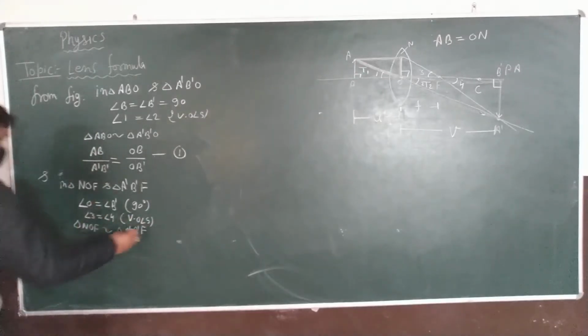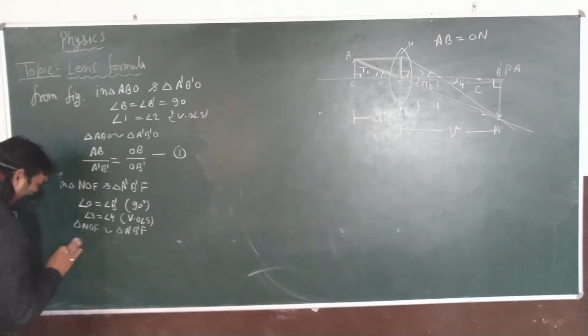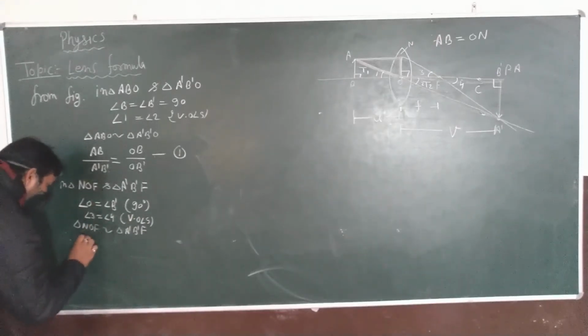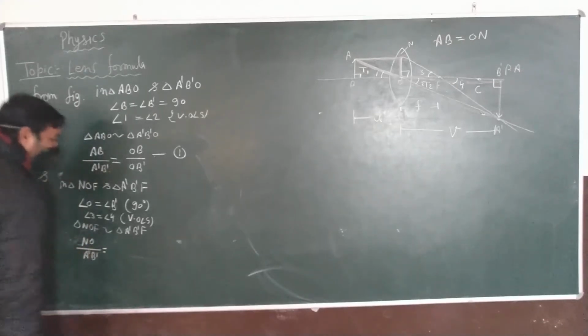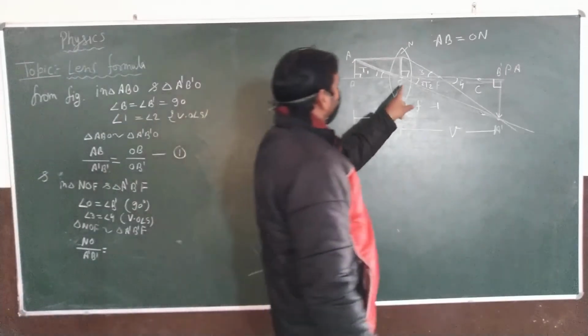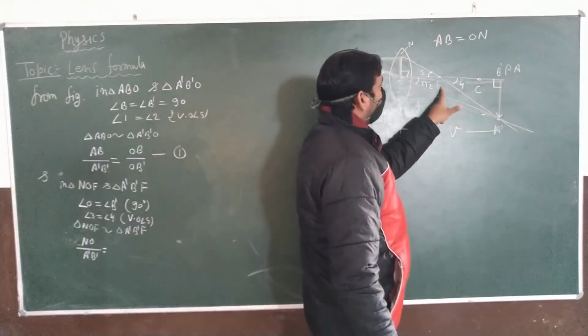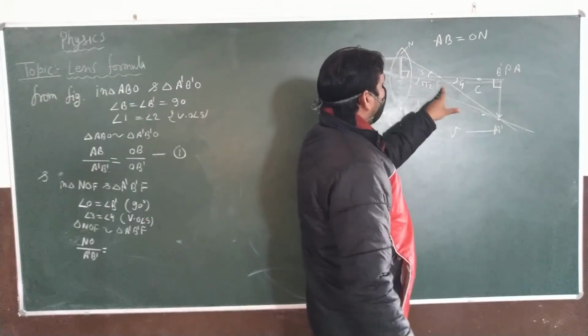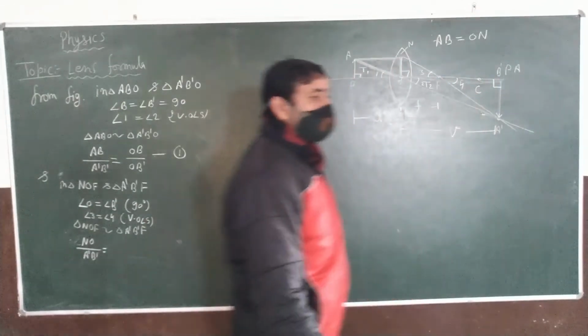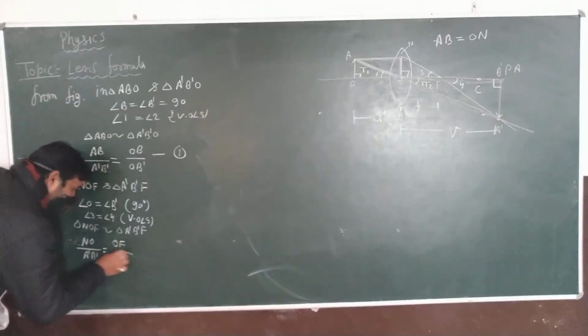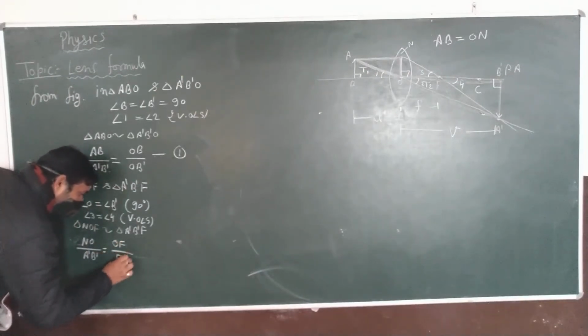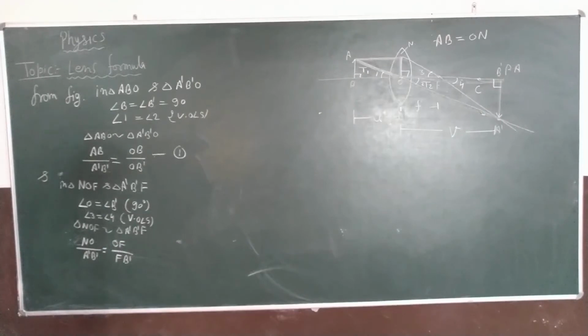Okay, therefore NO upon A dash B dash is equal to OF upon FB dash. OF upon FB dash. Clear?